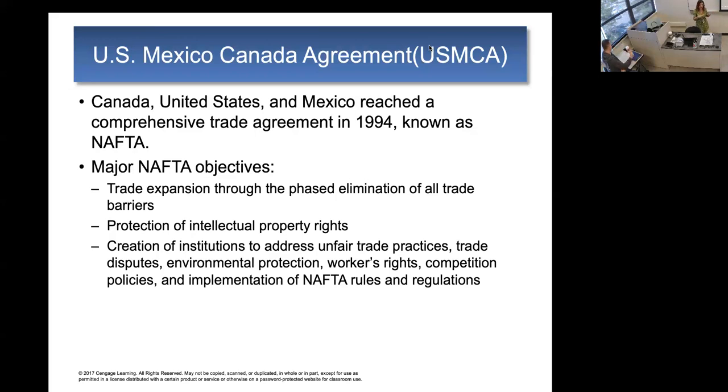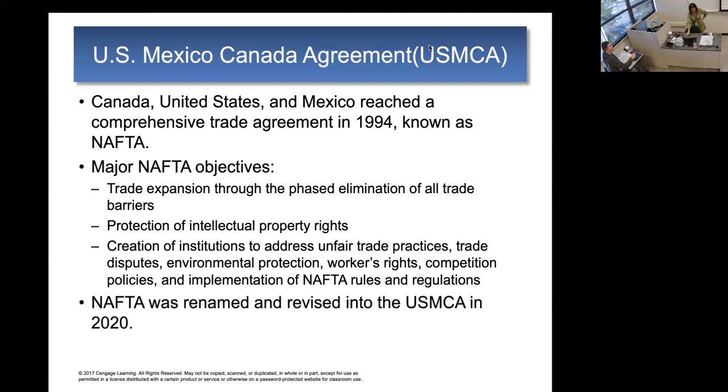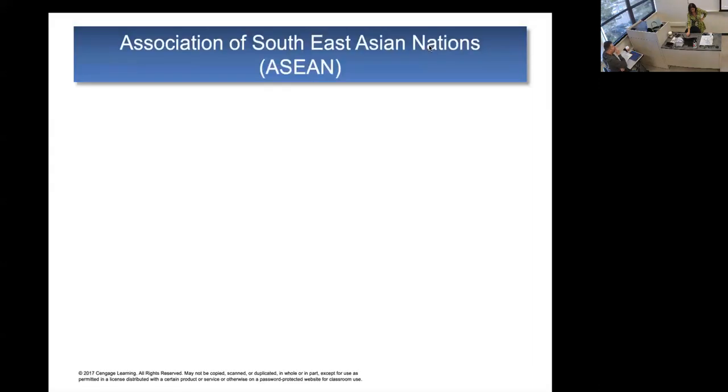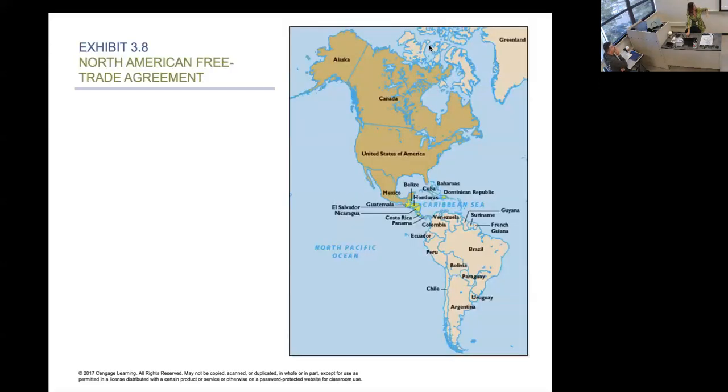So companies don't get the huge benefit of cheap labor that they used to, right? So they're looking for other sources. And it was renamed in 2020. These are just the countries, right? USA, Canada, and Mexico.